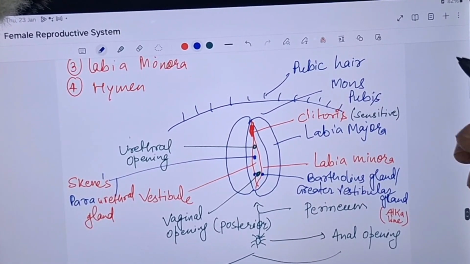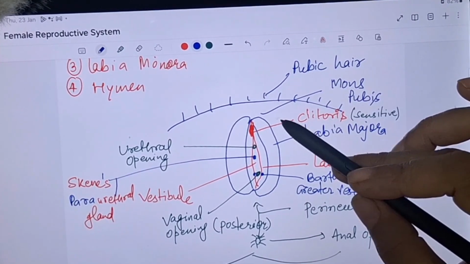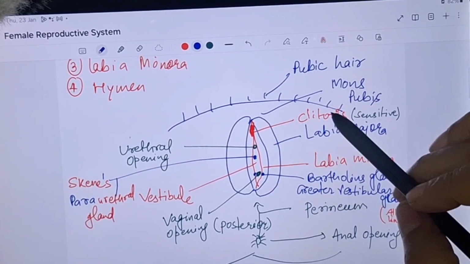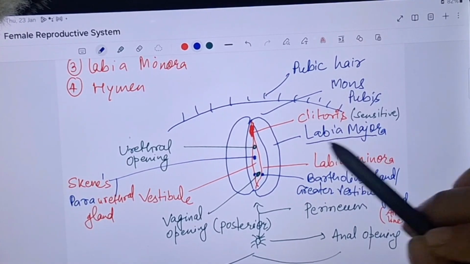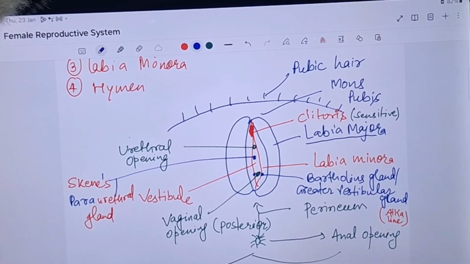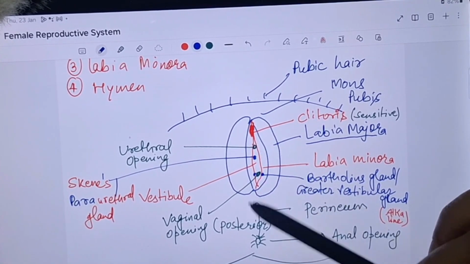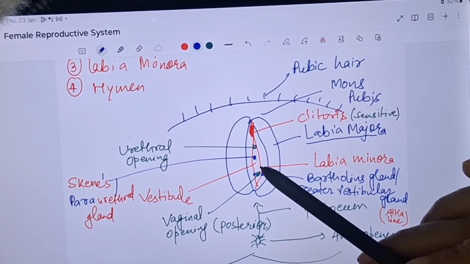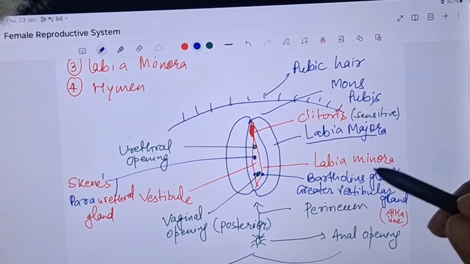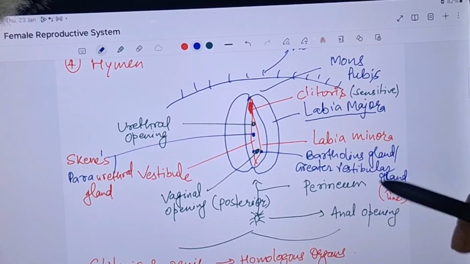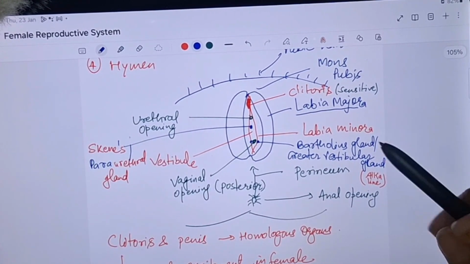This part is very sensitive and is lined with pubic hair. Here you can see the labia majora and labia minora. This is the urethral opening, and here you will find some glands also, the paraurethral glands and Bartholin glands, which also provide mucus.